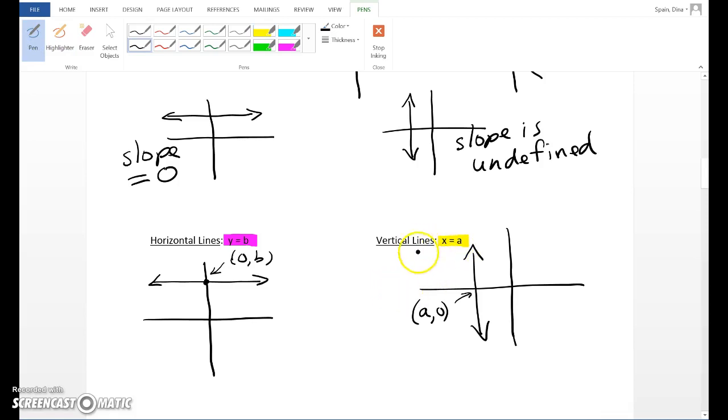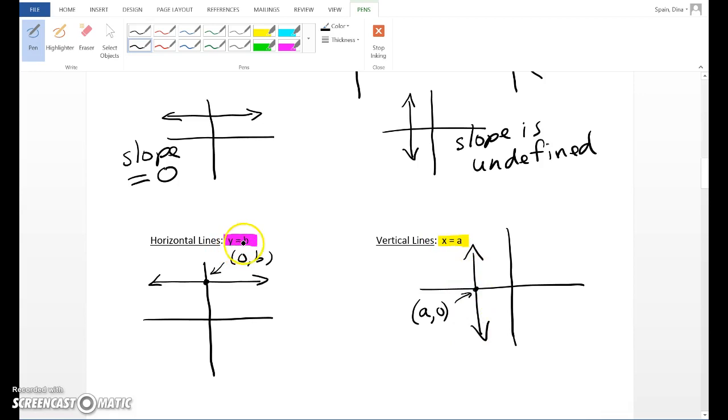So what you need to take away from this is that the equation of a vertical line is x equals a number. You find it on your x-axis, whether you put a dot there or not, it doesn't matter. Just make a straight vertical line up and down through the x-axis at that point. Straight up and down. That's x equals a number.